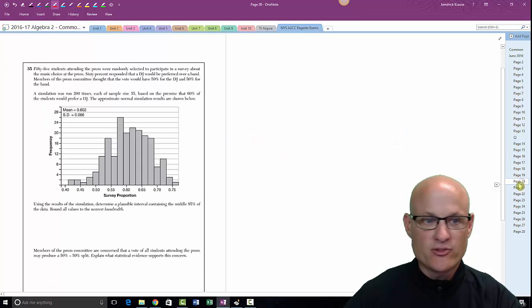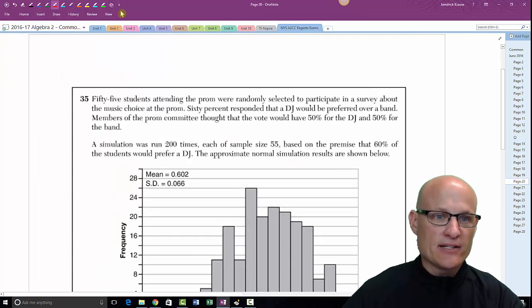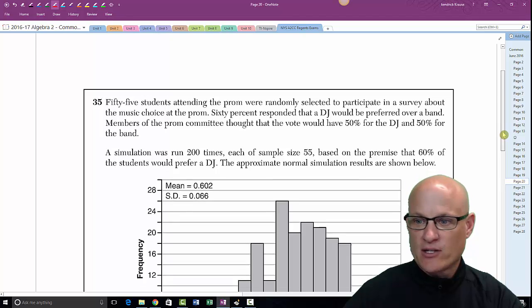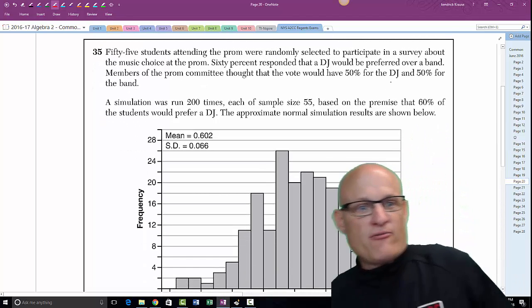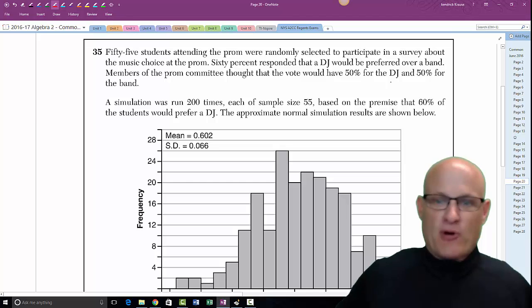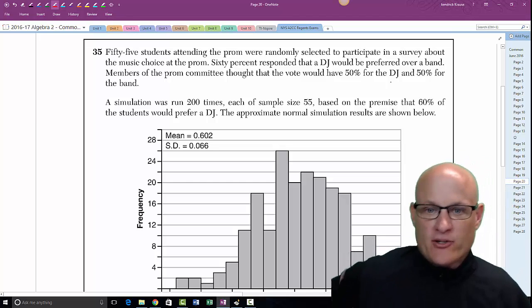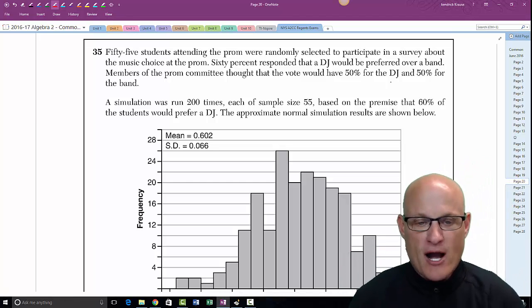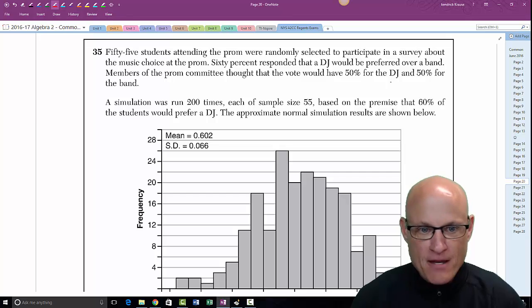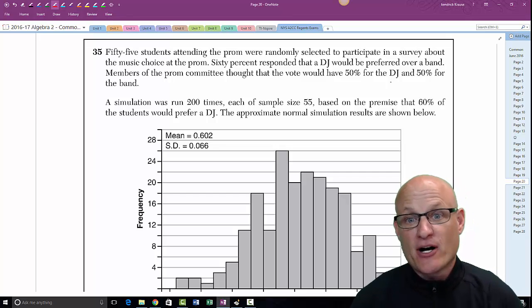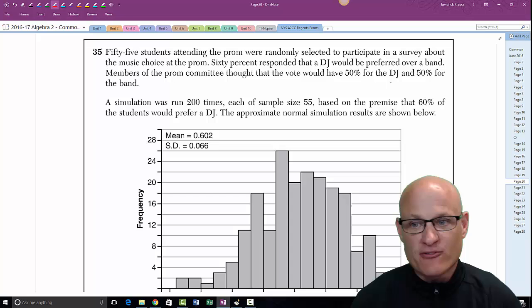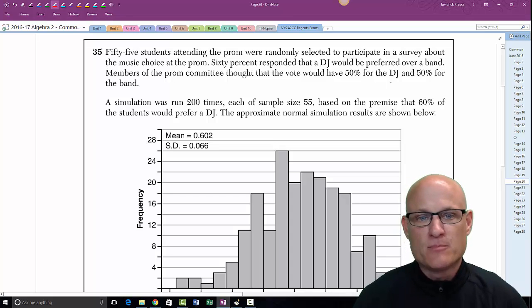All right. We got enough. Let's go to page 20. This is our last 3-point question, and then I think we're on to our 4-point question. 55 students attending the prom will randomly participate in a survey about the music choice at the prom. 60% responded that a DJ would be preferred over a band. Members of the prom committee thought that the vote would have been about 50-50 for the band and the DJ. So here we go.